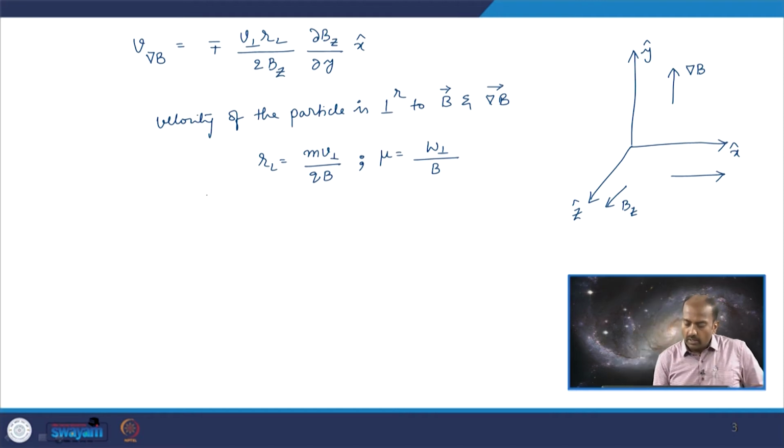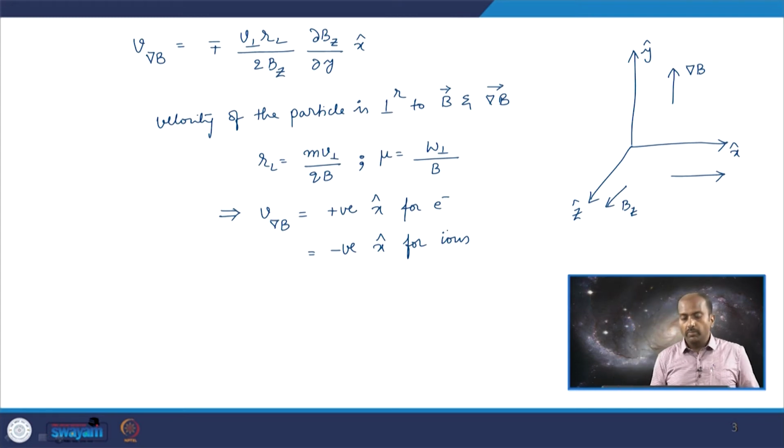So that means the velocity, due to the plus minus that we have, is in the positive x cap for electrons and is in the negative x cap for ions.